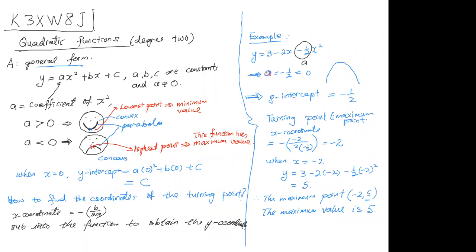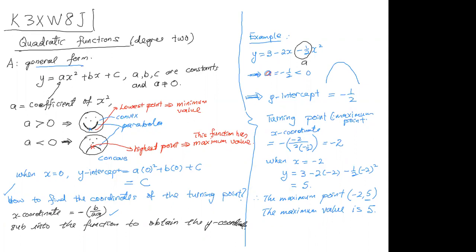So, in order to find the coordinates of the turning point given the general form, I use this formula. Is this formula important? Important. What else can I find?